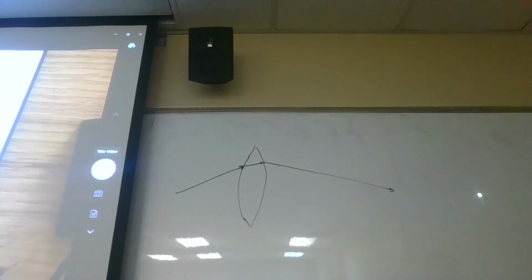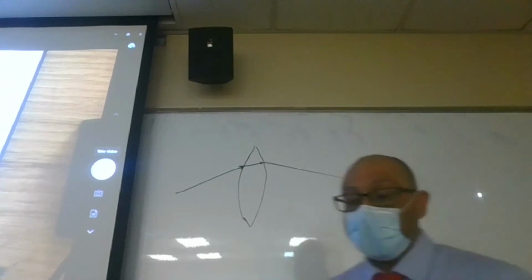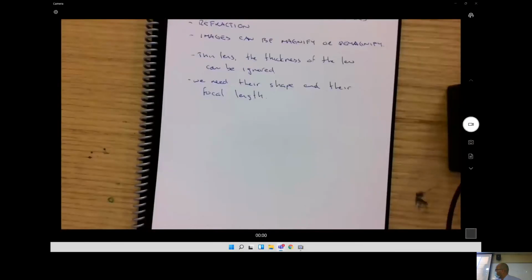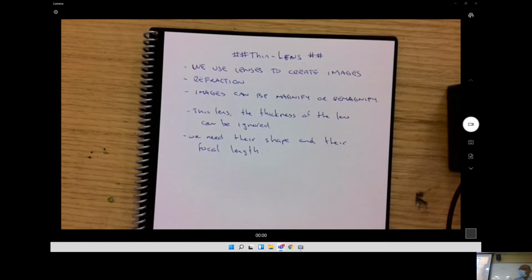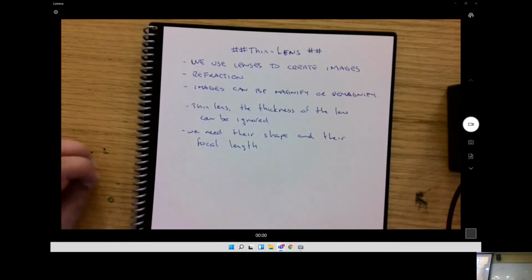Okay, so first I'm going to show the shape, and then we talk about the focal length. Of course, I forgot to share this thing.